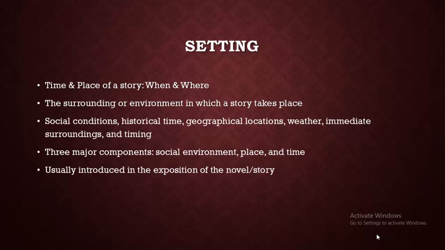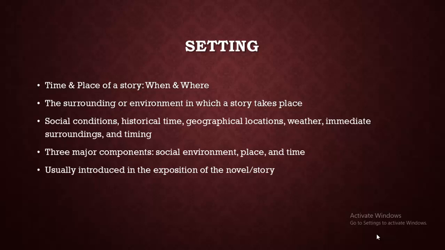Then the immediate surroundings mentioned in the story, and the timing of the story, when did the story take place. Among these many elements which combine to form the setting of a story, there are three major components, namely the social environment, the place and the time of the story.